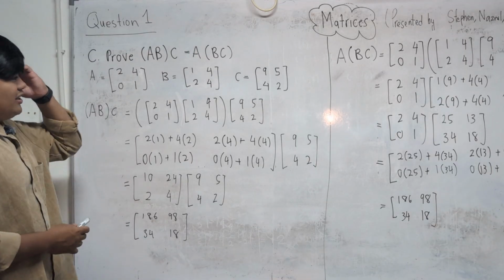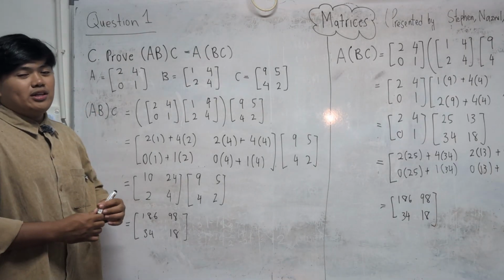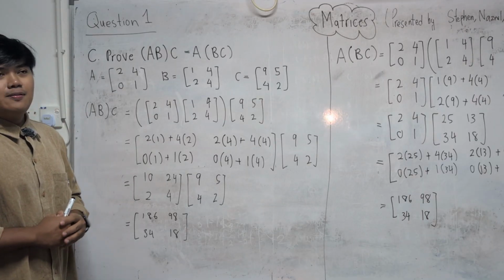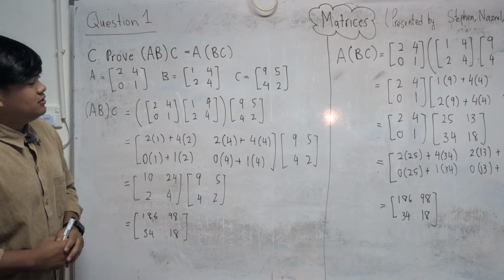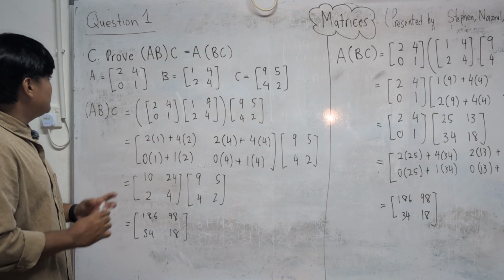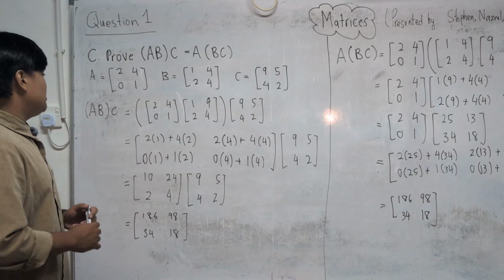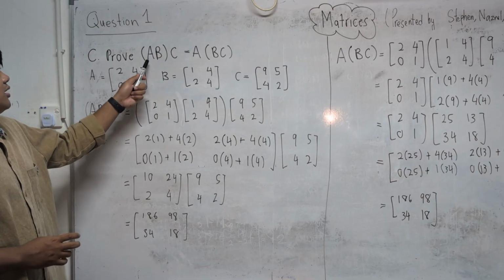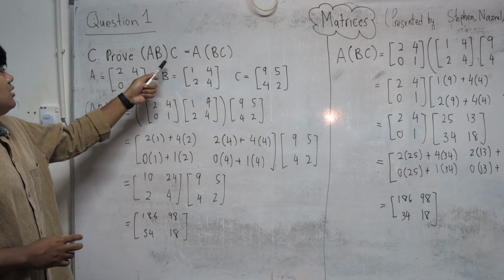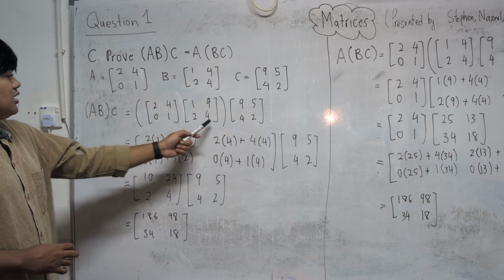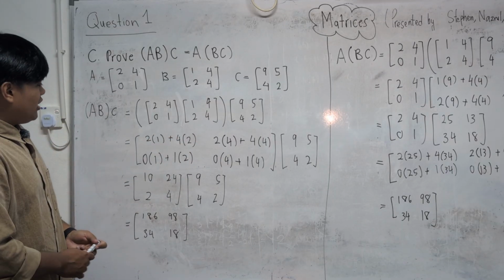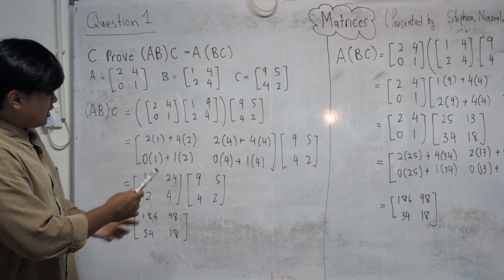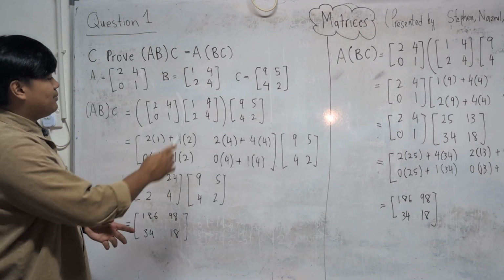It is quite a simple question. It's really straightforward. For the first step, I do the in bracket AB times C. I had to multiply it a couple of times.